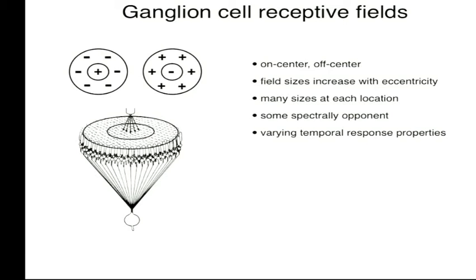They get as small as one cone. In the periphery, you're dealing mostly with rods way out there, and I know that there can be hundreds of rods in the center of a receptive field. But specifically, I don't know beyond that. So we could have a lot of receptive fields.